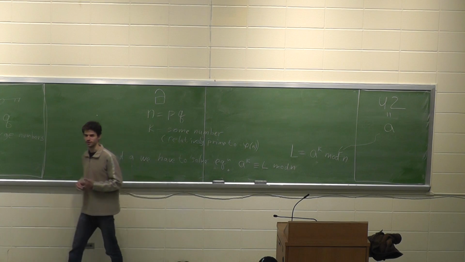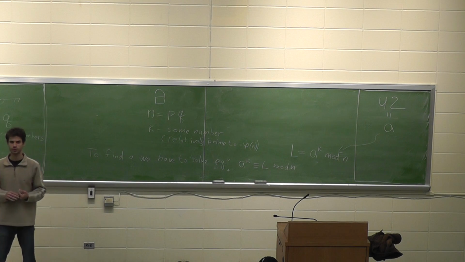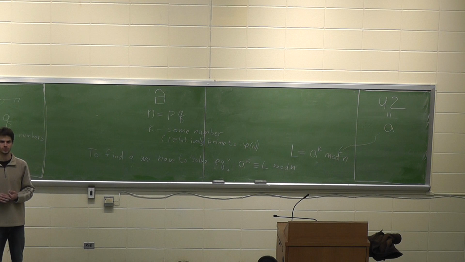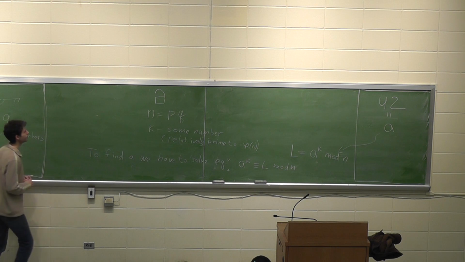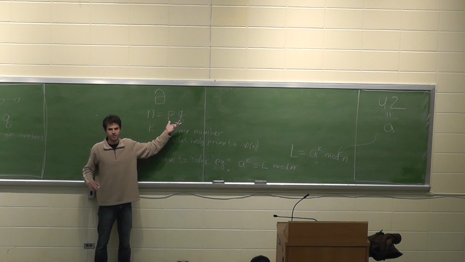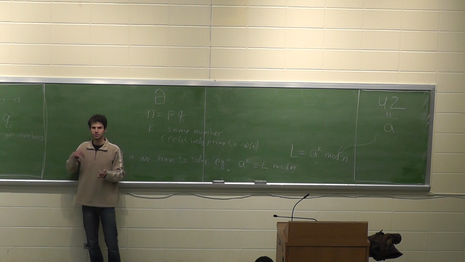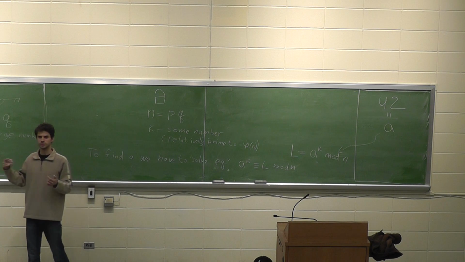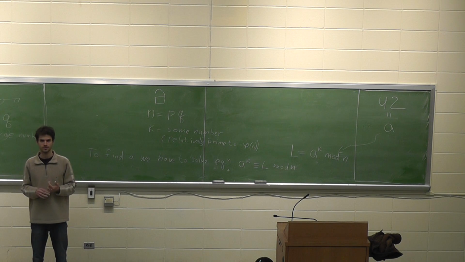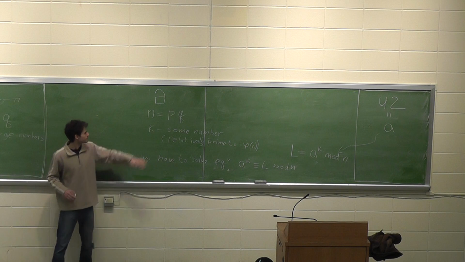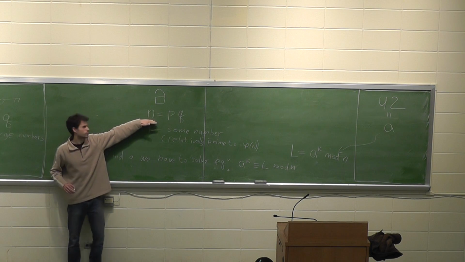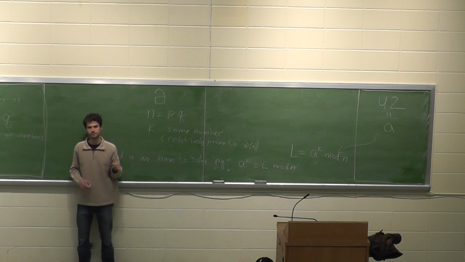But what is phi of N? It's not actually that easy to find what phi of N is. How do you find what is phi of N? Well, basically, we have just one way. You take N, you factor it to the product of p and q, and compute p minus 1 times q minus 1. Well, sometimes it's not that easy to actually factor a number to a product of primes.